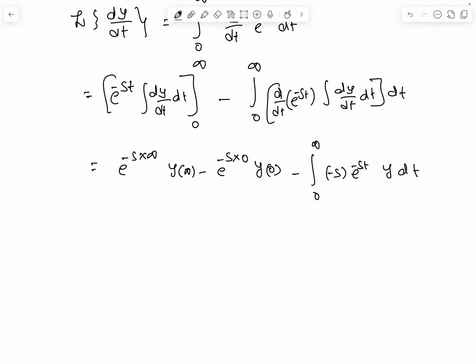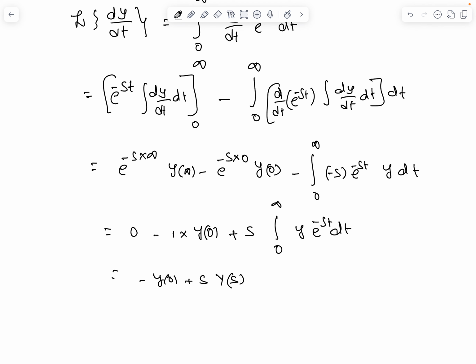The first one is 0 and the other one is 1 into y of 0, and minus into minus is plus the integral from 0 to infinity of y into e power minus st dt. So, this is like minus y of 0 plus capital S into Y of s.